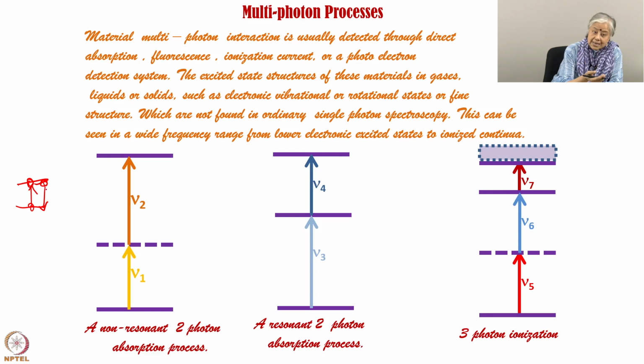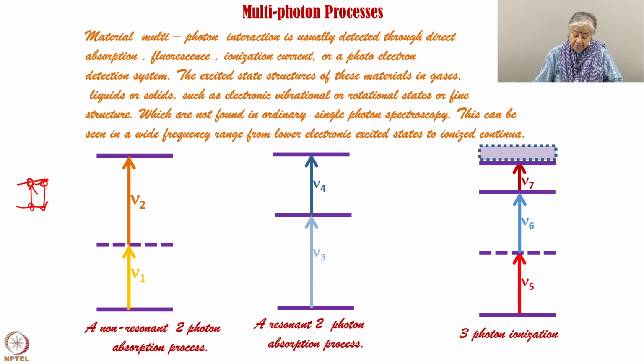He knows the distance between the 2 levels through these kinds of experiments. So, this is direct absorption or direct fluorescence, but you could have multi-photon absorption processes too. That also is a big asset for the spectroscopist.